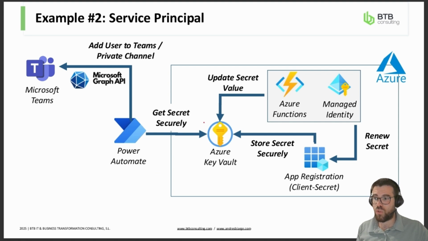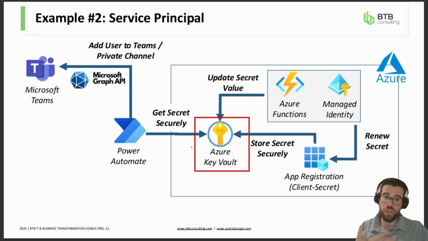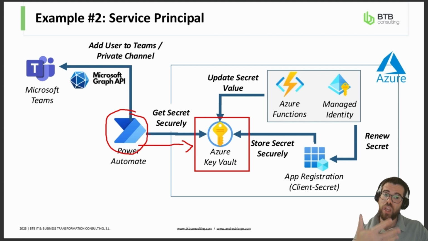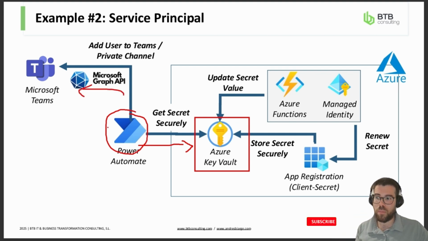Instead, what we want to do is put Azure Key Vault in the middle, which you probably already know, to store that secret, and then Power Automate uses the connector to access the Key Vault, so the account accessing the Key Vault needs to have permissions over the Key Vault. Then we control who can access which account, and then basically I get the secret in Power Automate at runtime. So if it changes, I will get the latest version and execute the Graph API without any problems.